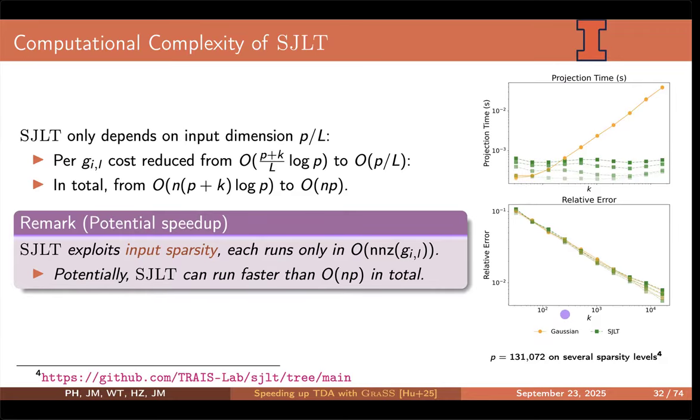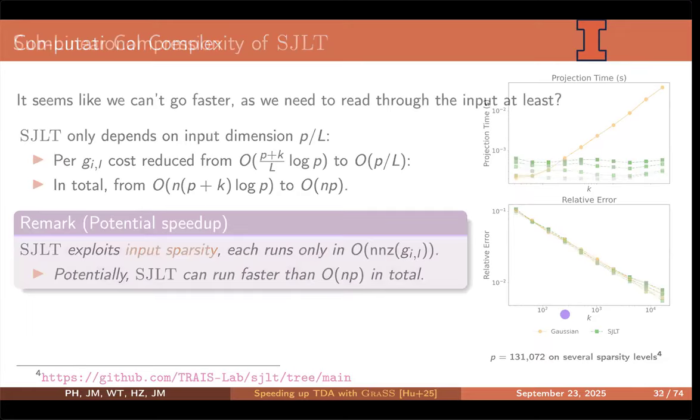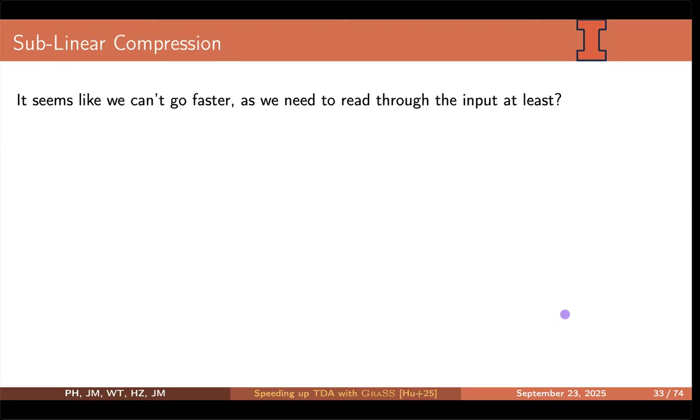So now you should ask, is this the end of the story? Because the computation time of SJLT scales with the input dimension, and if you are going to read through the inputs, this is the lower bound. But this is not exactly true, because if you allow some lossy compression, then we can throw out some information.